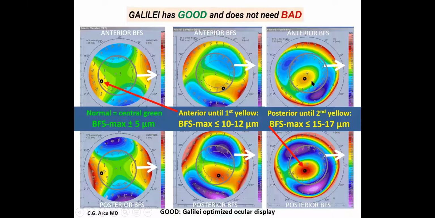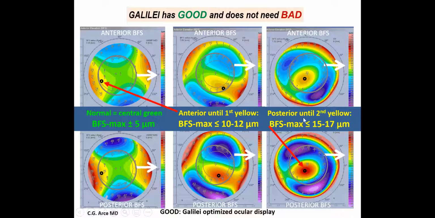It means the second yellow. So it's very simple. If you see two yellows within this gray circle at the center, in the anterior surface, you already have a mountain taller than what you should expect in normal corneas. If you have 3 yellows here, 3 steps, okay, you already have taller than what you expect for the posterior surface.